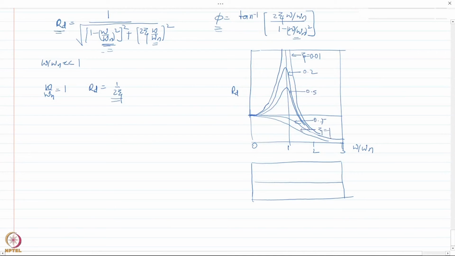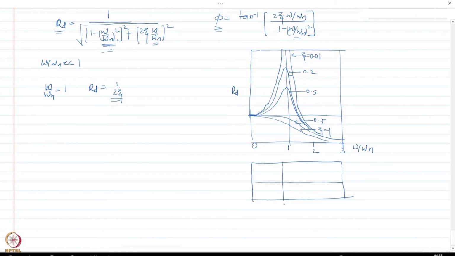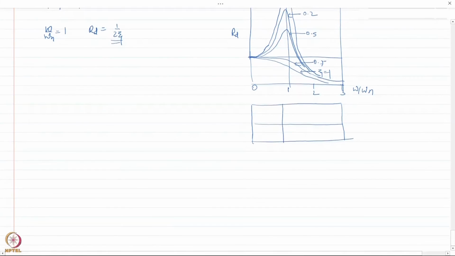As you can see, as you increase the damping in the system, the RD value decreases at all frequencies. And what happens to the phase angle? Let us see here. The phase angle expression, let me write that again here, was 2 zeta omega by omega n.